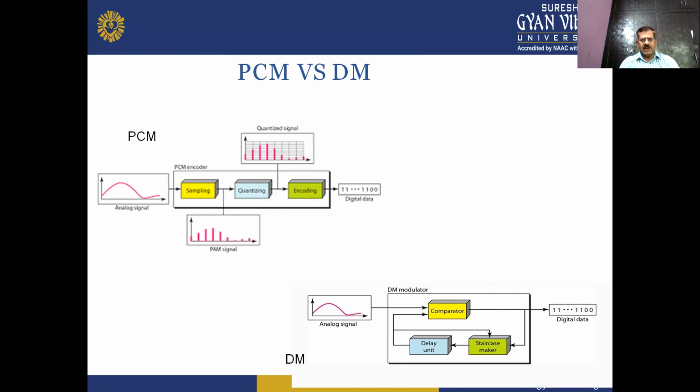But in the delta modulation system, the analog signal is applied to the comparator, and one signal is also applied from the delay unit to the comparator.